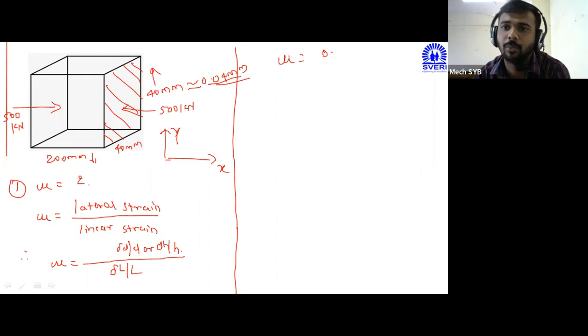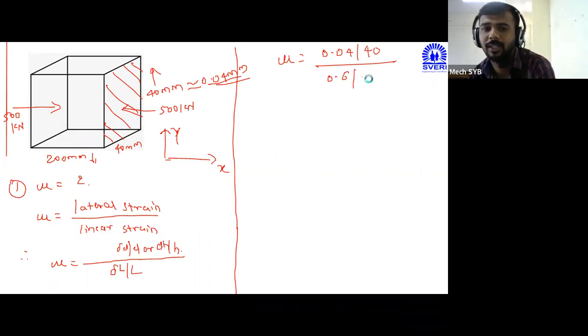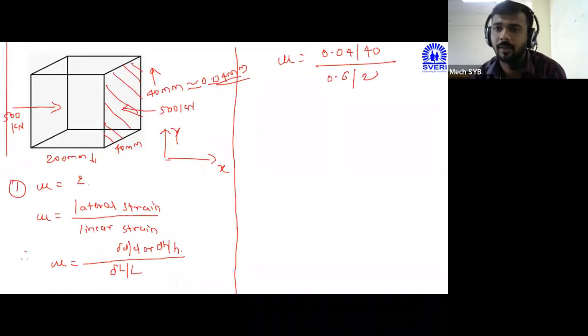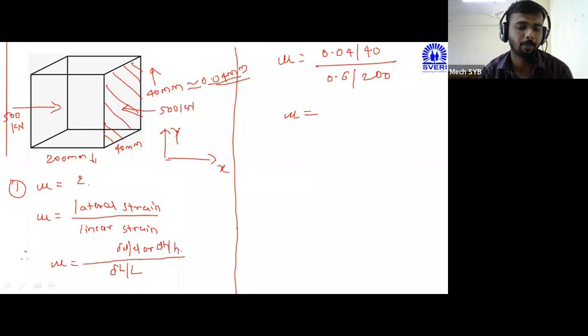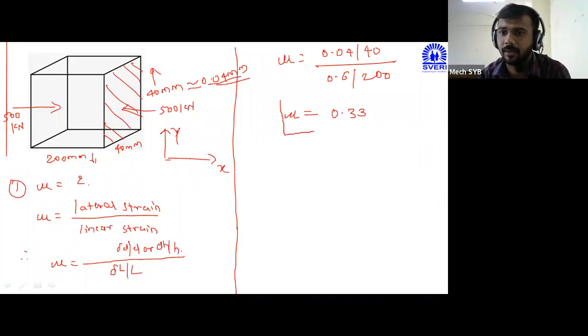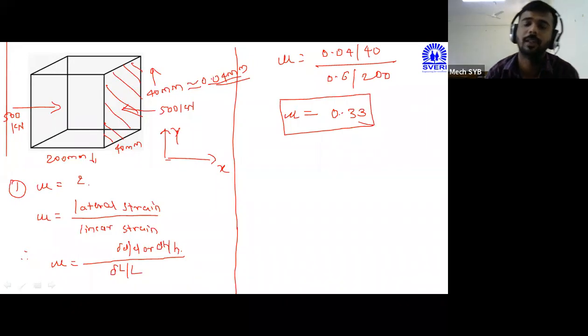Mu is equal to 0.04 divided by 40, change in length 0.6 divided by original length, which is given as 200. Tell me the value of mu. 0.33.